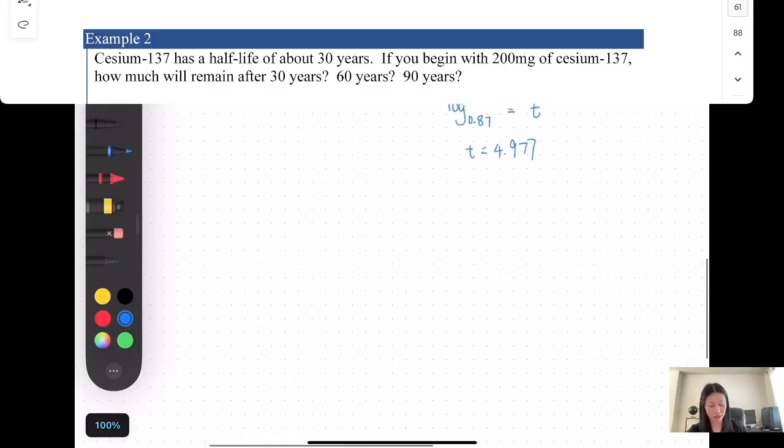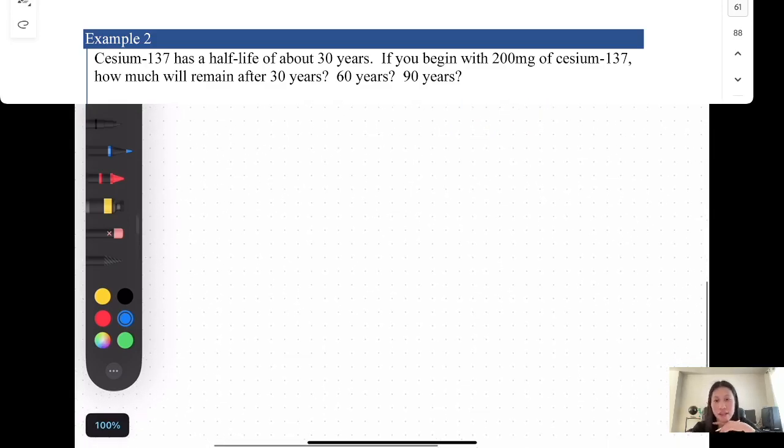Okay, now let's have another question. Cesium-137 has a half-life of about 13 years. If you begin with 200 milligrams of cesium-137, how much will remain after 13 years? When the time equals 0 years, the mass is 200 milligrams.